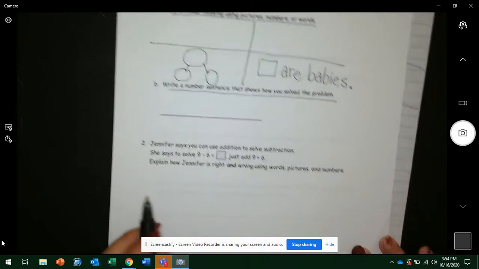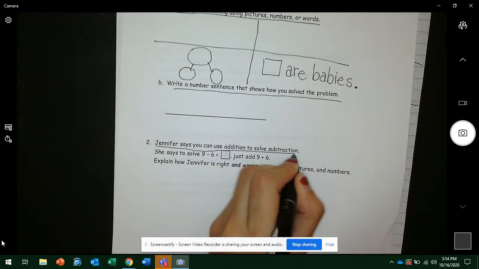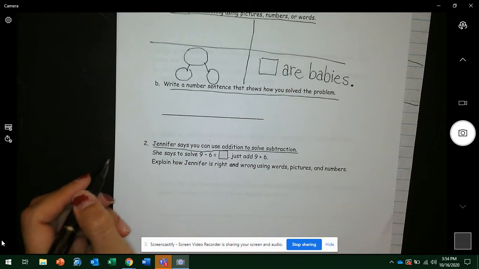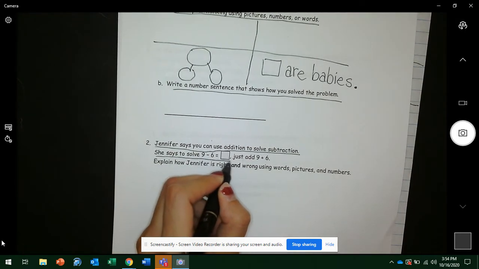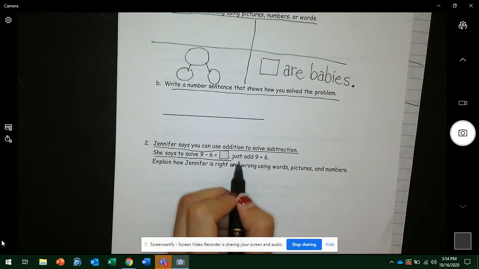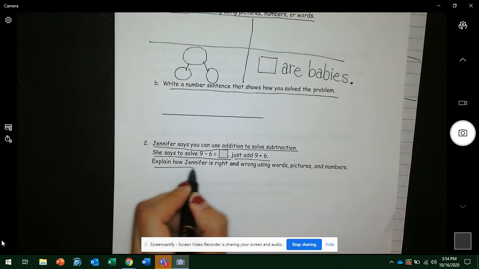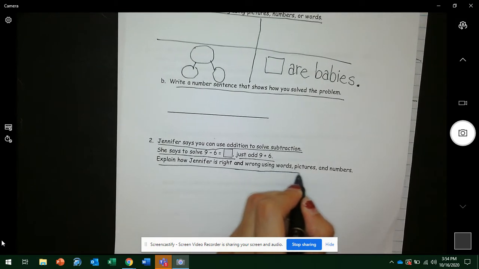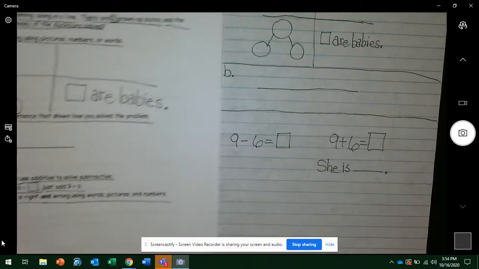Question 2. It says, Jennifer says you can use addition to solve subtraction. Well, we can, right? But she says to solve 9 minus 6 equals blank, just add 9 plus 6. Explain how Jennifer is right and wrong using words, pictures, and numbers. This is a problem you really have to think about.